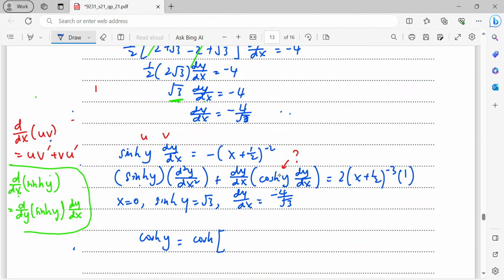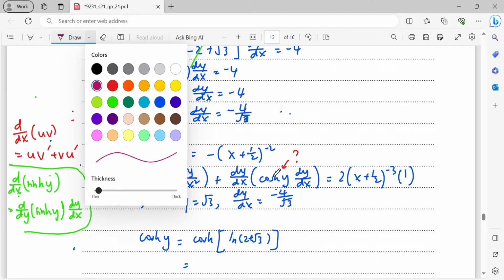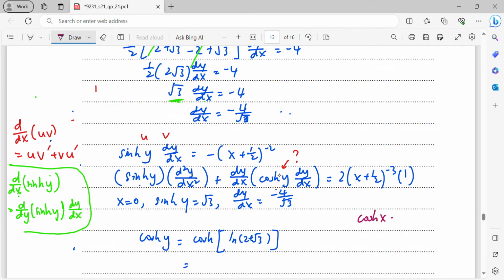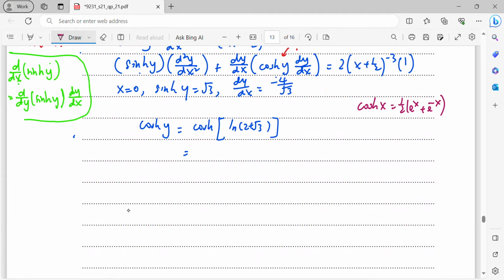So ln of 2 plus square root 3. So the cos definition is half of e^x plus e^(-x). Just now minus, now plus. Okay, so we can use the result from the sine basically. We can just modify. So half of e^(ln(2 plus square root 3)) plus e^(-ln(2 plus square root 3)).